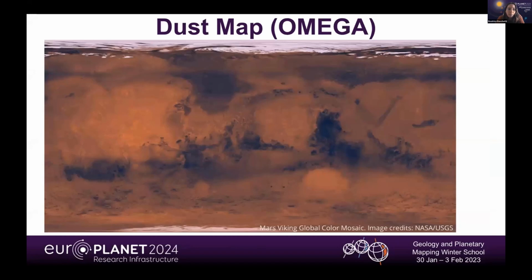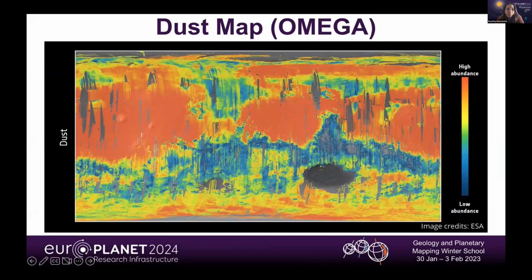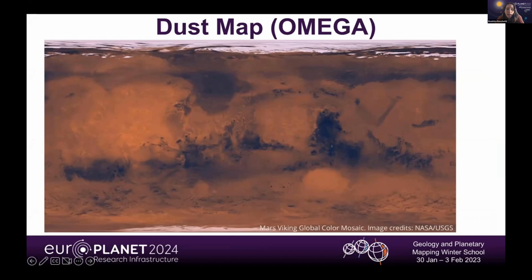So the brighter and red areas are the ones most covered by dust, while the darker areas are the ones where the dust coverage is less, and you have basically the mafic surface showing.